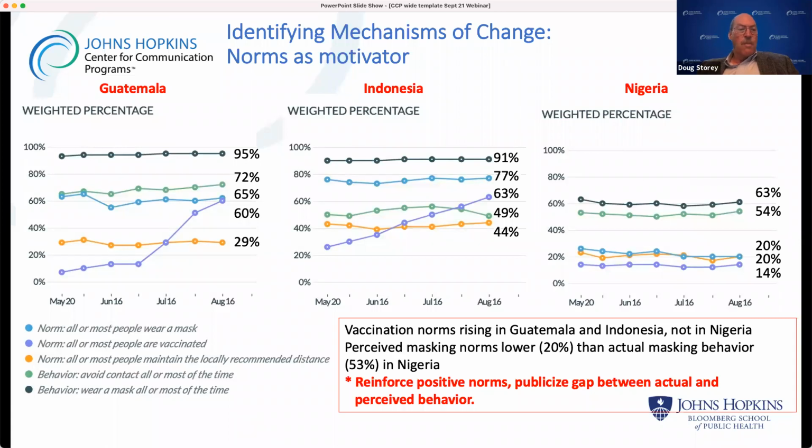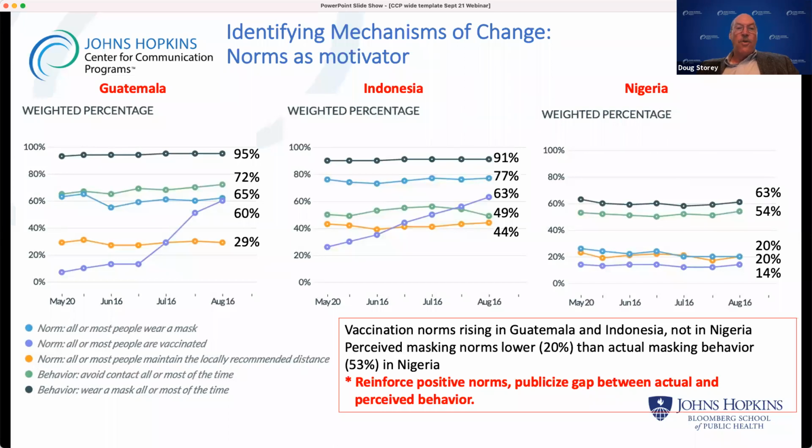We can also look at some of the other behaviors, such as the normative perception that all or most people wear a mask. That's the blue line. And we see that that's relatively low in Nigeria. We might also look at the actual reported behavior of wearing a mask all or most of the time. That's the black line.